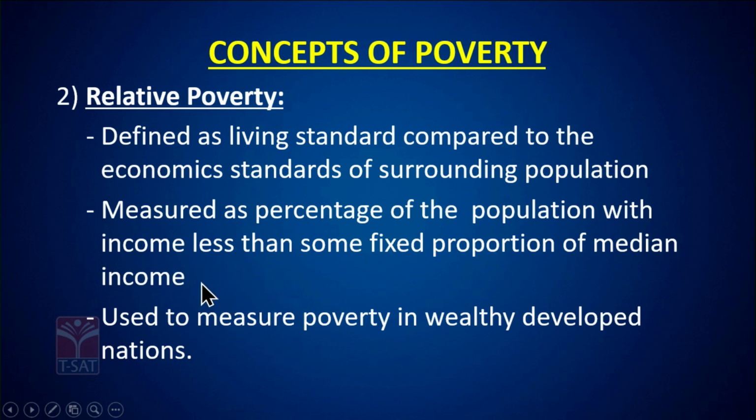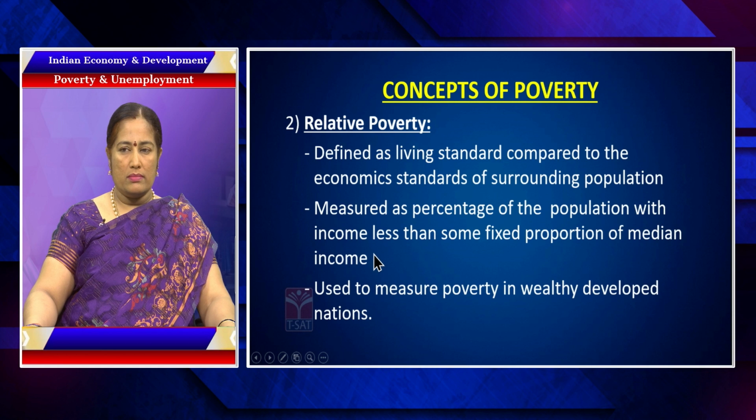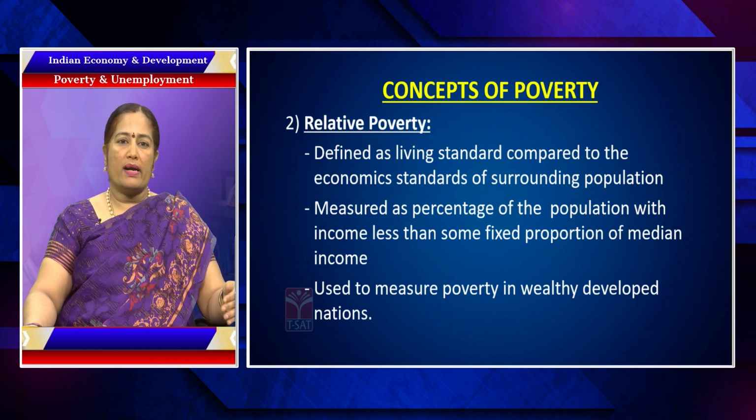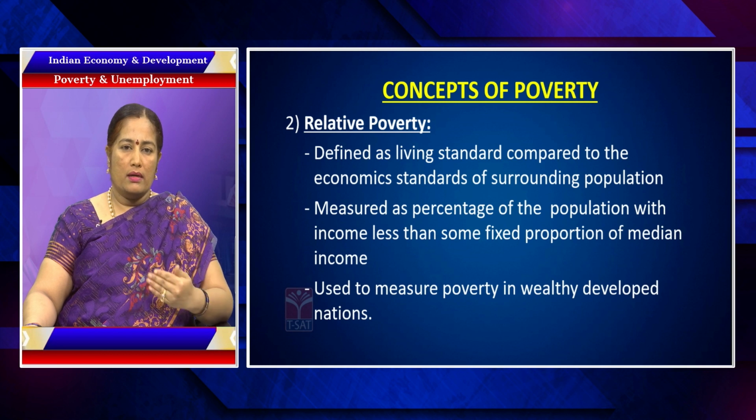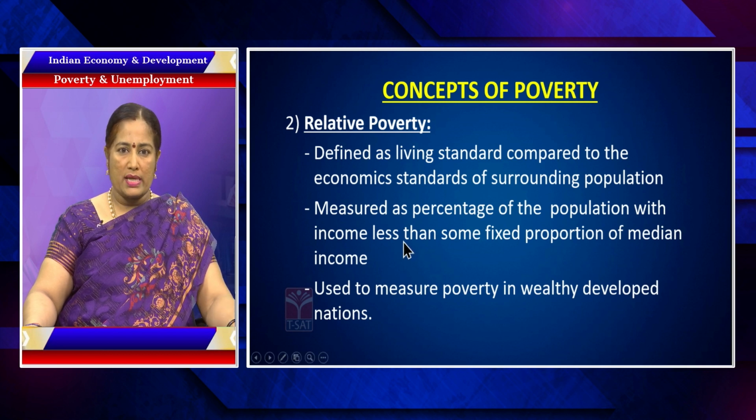For example, if you take the three important classes into which the society is classified, lower income category people, middle income category people and high income category people, a degree of comparison is utilized when compared with the higher category of the society.